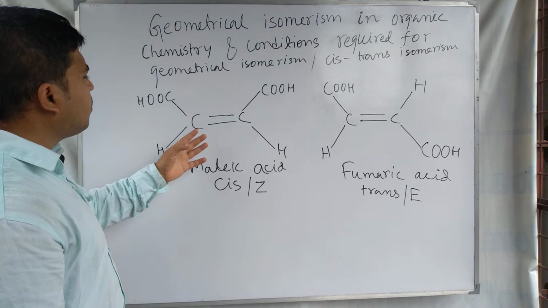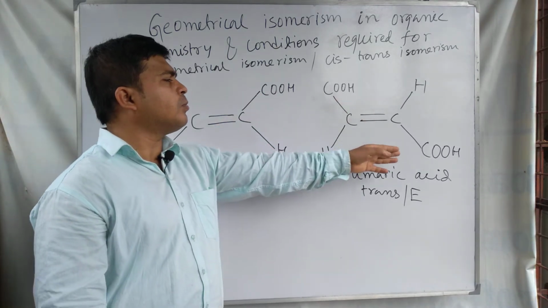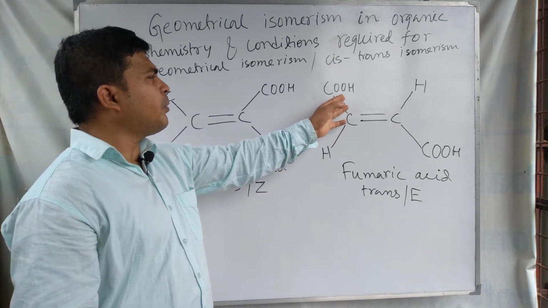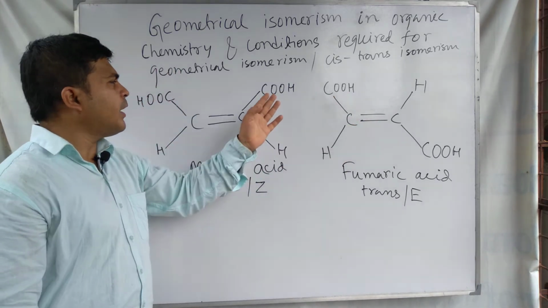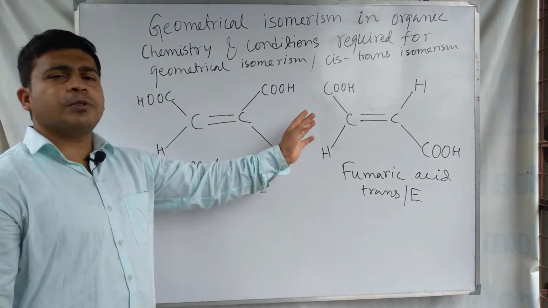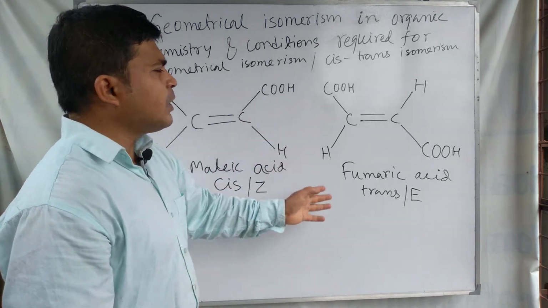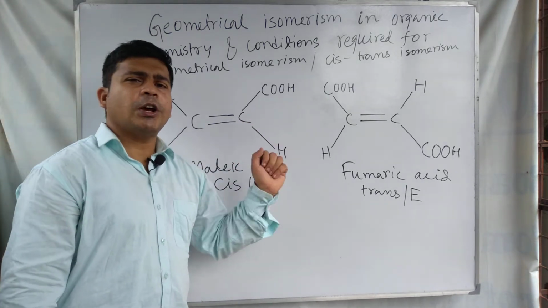So due to the spatial arrangement difference between the two groups of atoms, like the COOH group in this case, they are on opposite sides or on the same side of the double bond, but both have the same molecular formula, and this type of isomerism is called geometrical isomerism.